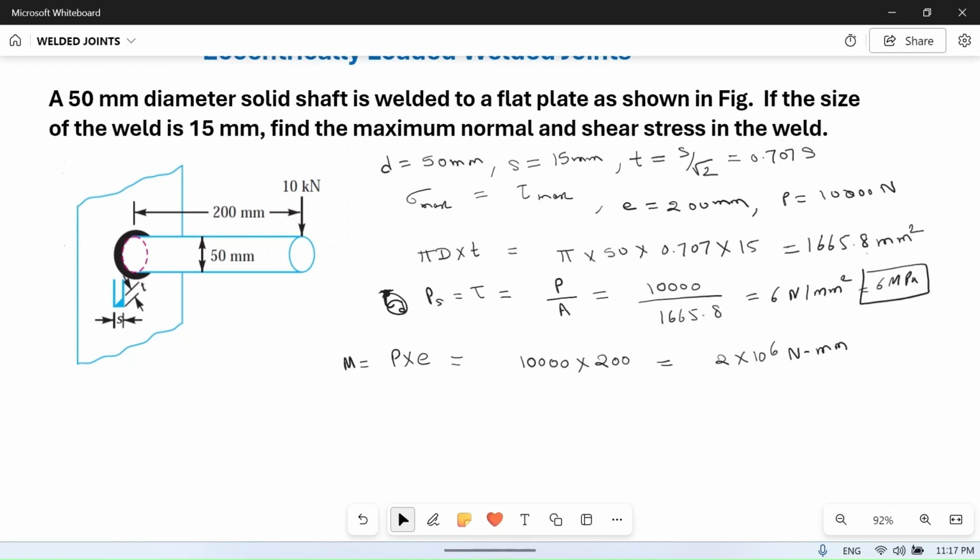Now we know the bending formula, M upon I is equal to sigma upon y. What is the moment of inertia for this circular section with thickness t? It is pi t d cube divided by 8. And y is equal to d by 2.